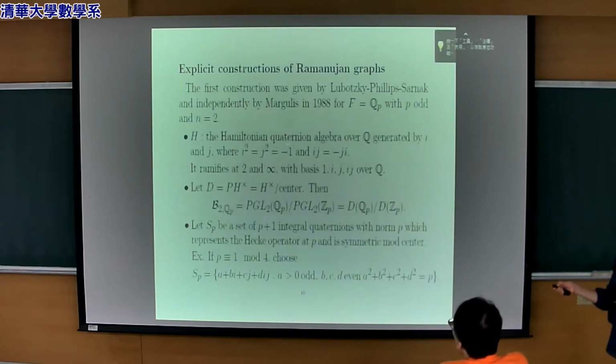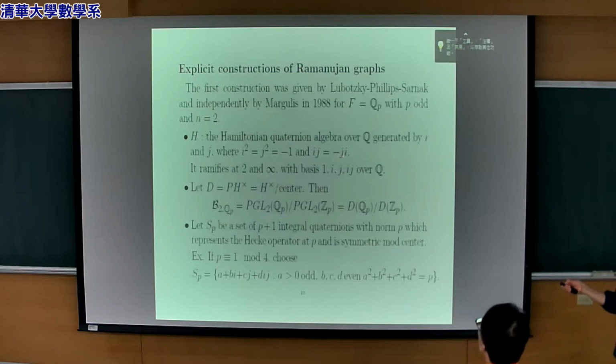So they take the Hamiltonian quaternion algebra over Q. This is the one we all learned in the algebra course, obtained by Q adjoining i and j, where i squared and j squared equal -1, and ij anti-commute. So this is a dimension 4 algebra over Q. This Hamiltonian quaternion algebra ramifies only at 2 and infinity.